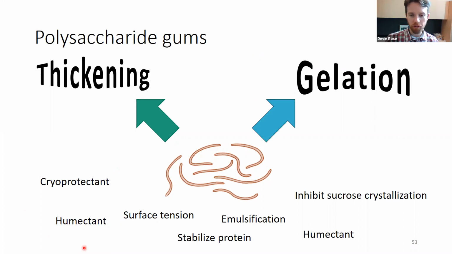These functional properties down here at the bottom of this slide are secondary functional properties. All of these things are other functionality that you might get from a polysaccharide gum that would probably be important, but they would generally be secondary to either thickening or gelation.